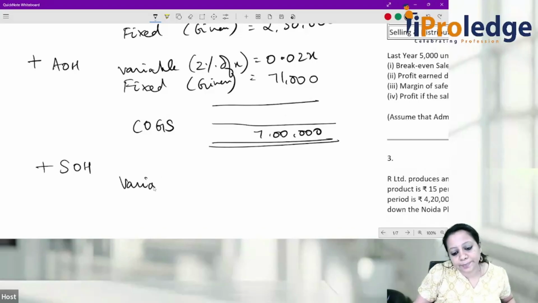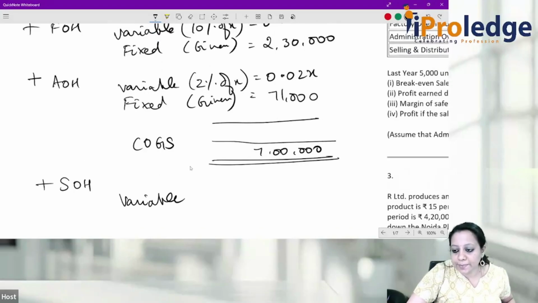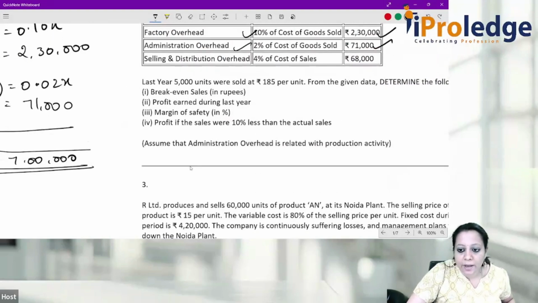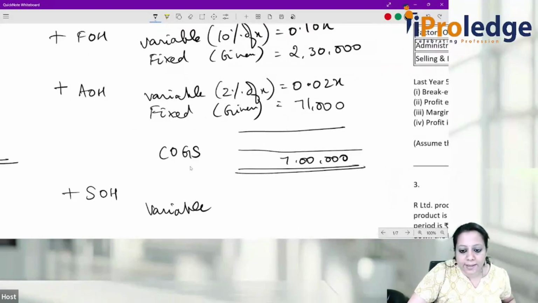So what's the variable that's given to us? In the selling and distribution overhead, it is 4% of cost of sales.